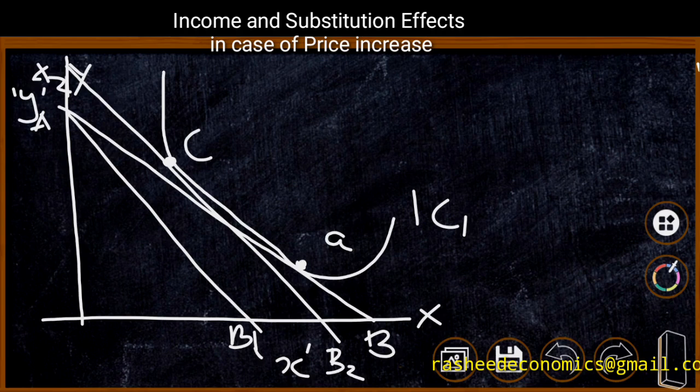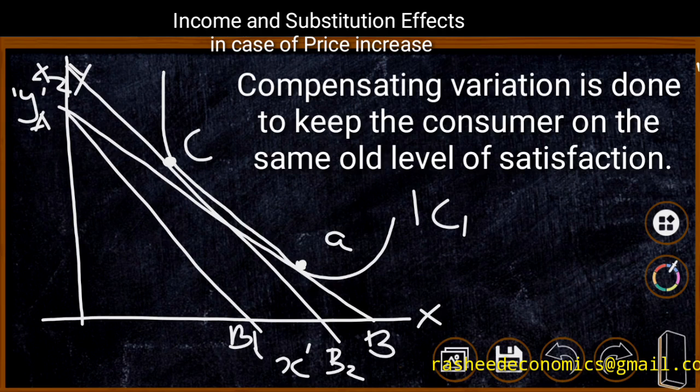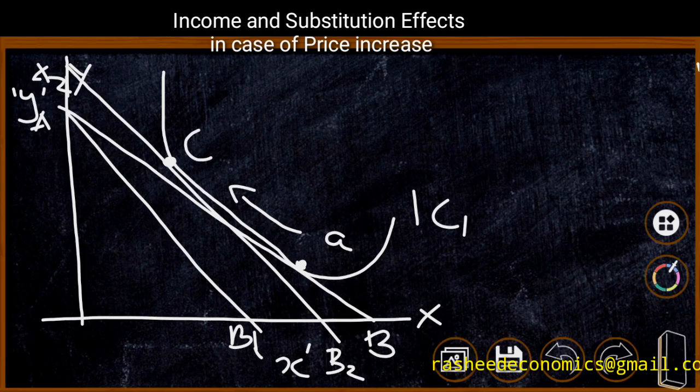Initially consumer was on IC1, and after compensating variation in income, consumer is on same indifference curve IC1. That means we are giving additional amount of money to the consumer to keep the consumer on the same old level of satisfaction. Now this movement from A to C is the substitution effect.